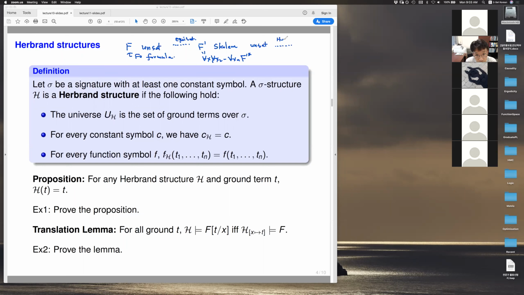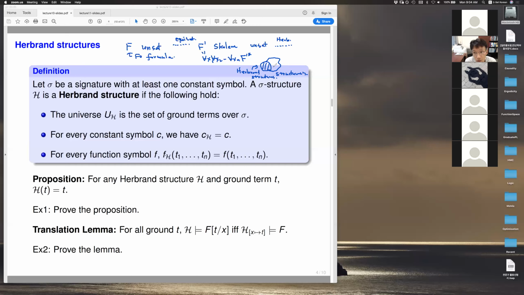This Herbrand theorem says that instead of checking all those possible structures, it is okay to consider only some small subset of these structures, which are called Herbrand structures. So the formula F prime is unsatisfiable, which means that none of the structures satisfy the formula, precisely when this formula is not satisfied by any Herbrand structure.